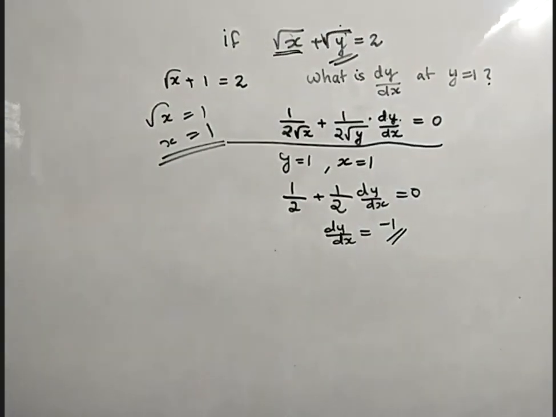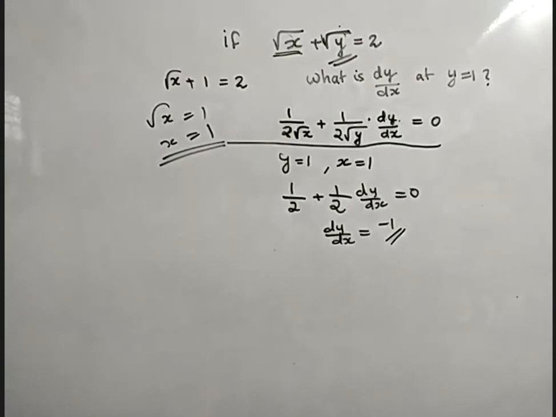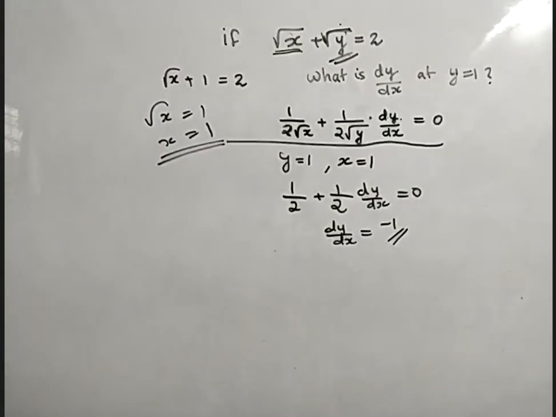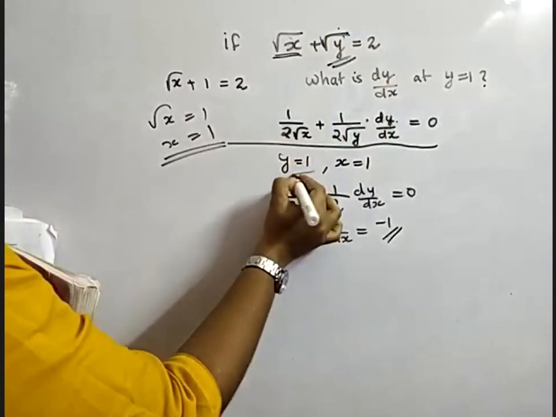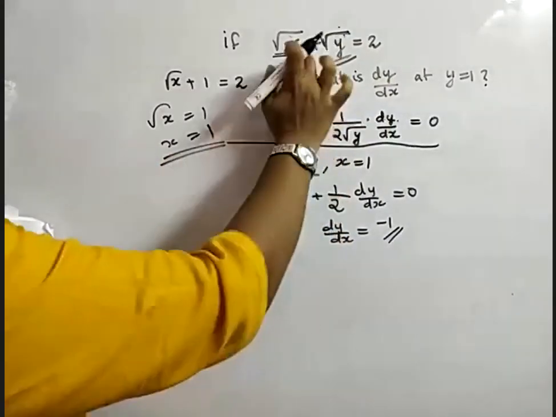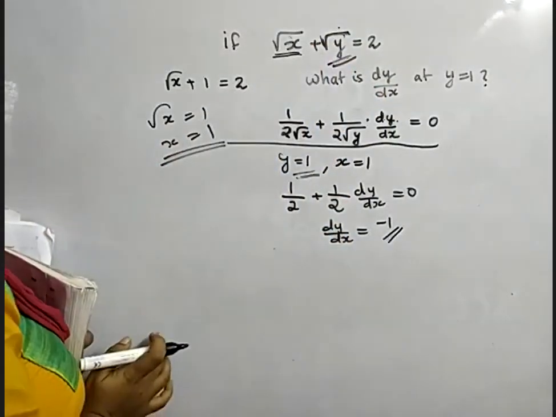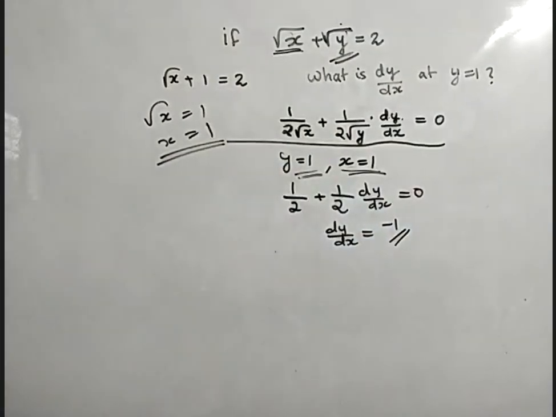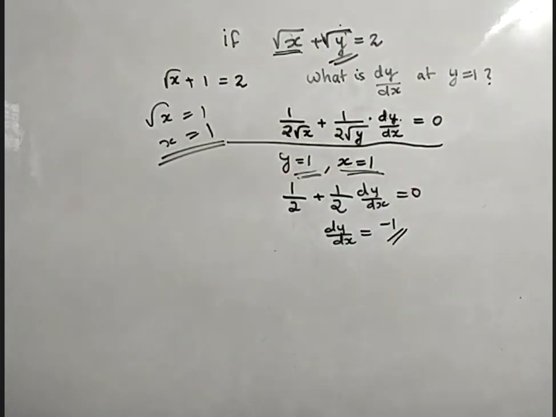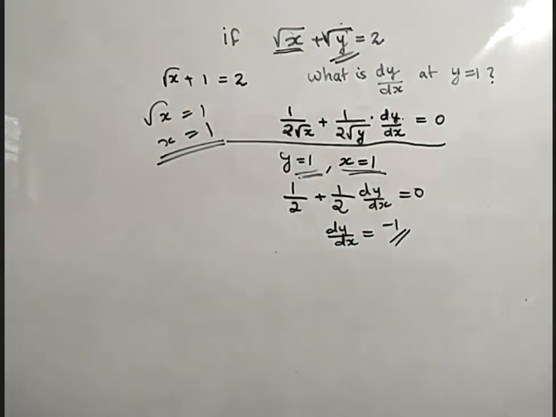Ma'am, how x is equal to 1? Is that you're asking? Yes, ma'am. So see, here we have y is equal to 1 now. So substitute that in this equation, you will get x is equal to 1. Ma'am, y is equal to 1 is at dy by dx, then how can we substitute in equation 1?